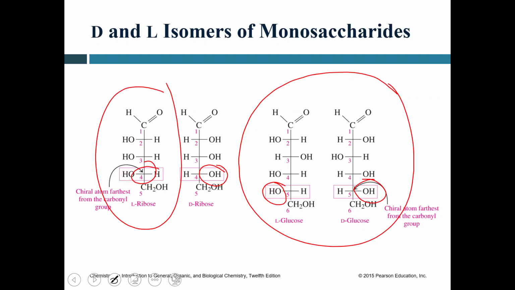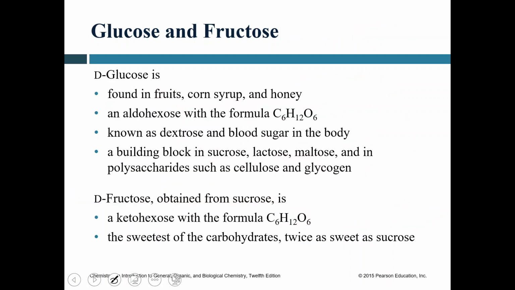It's an aldohexose, so aldehyde group and 6 carbons with this formula. It is also known as dextrose or blood sugar when it's in the body. It's a critical building block in disaccharides such as sucrose, lactose, maltose, and in polysaccharides such as cellulose and glycogen.